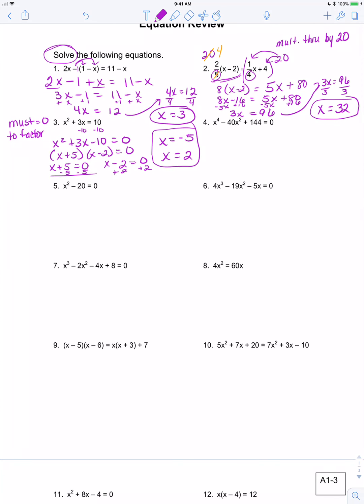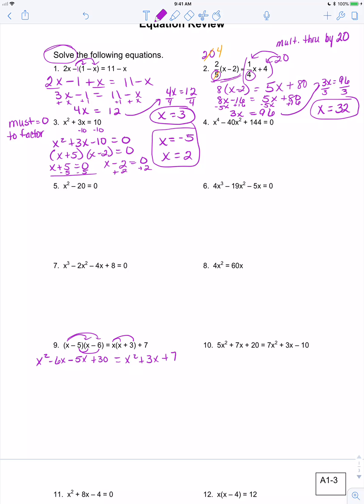Also remember here that we've got to multiply out any of these binomials in order to start factoring them. So that gives me x squared minus 6x minus 5x plus 30 is equal to x squared plus 3x plus that 7.